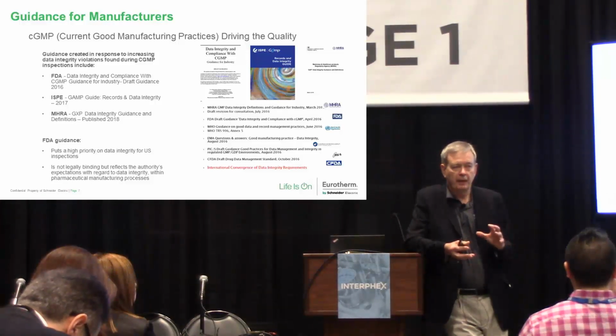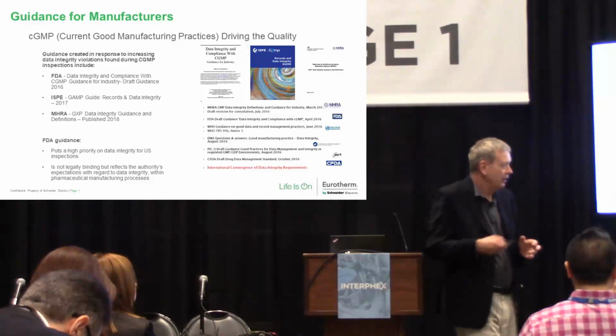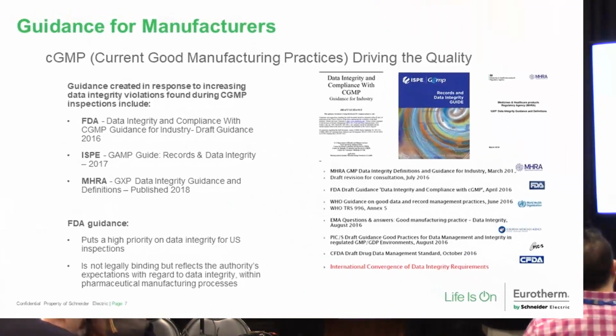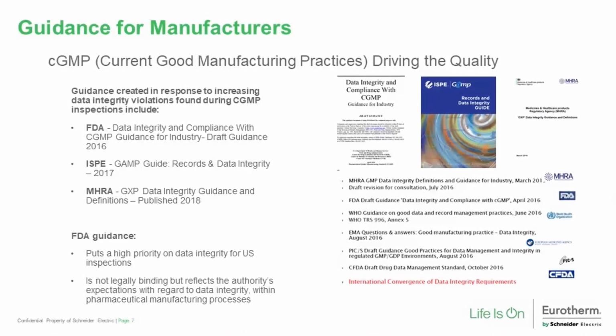So it's really interesting when you look at it, because there's a date on the MHRA of March 2016, I believe. The FDA guidance was April 2016. World Health Organization was June 2016, and on and on. It's almost like they all got together, looked at one document, scattered it out a couple months, and made their own release.